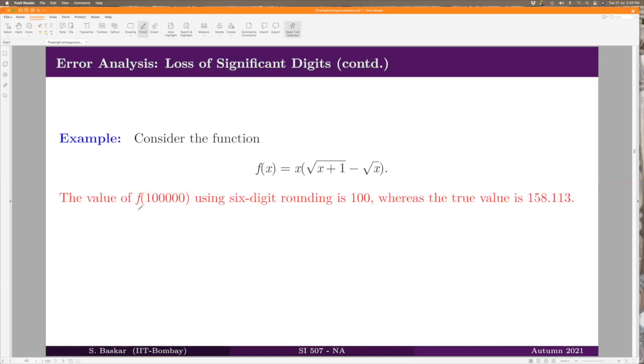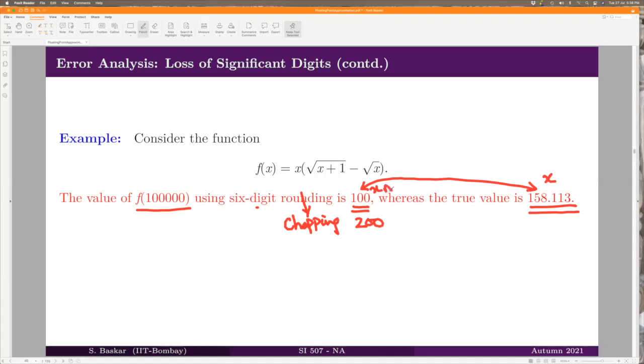The value of f of 1 lakh using 6-digit rounding, we got as 100. Similarly, with chopping, we got the value as 200. Whereas the true value is 158.113. So you can see that there is a huge error in our computed value when compared to the true value.